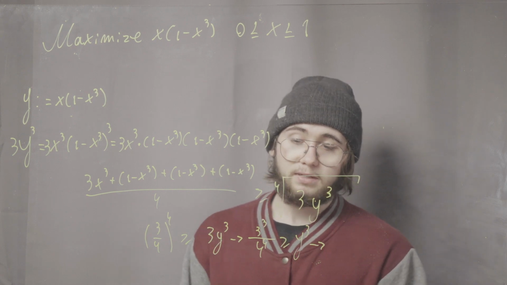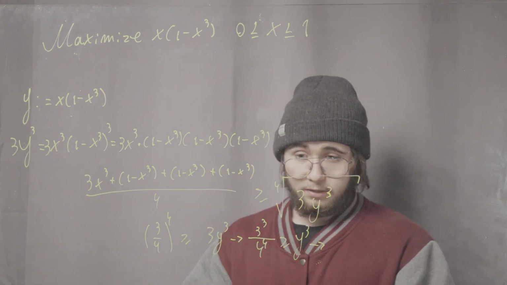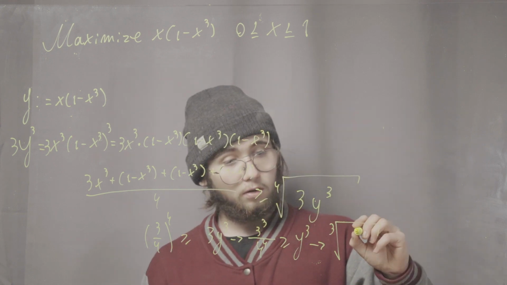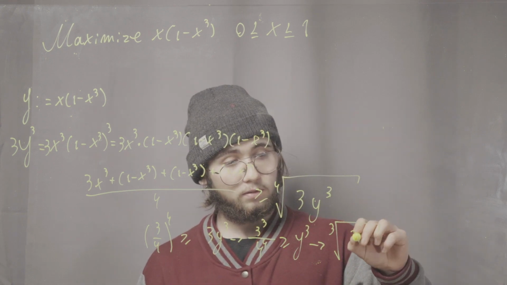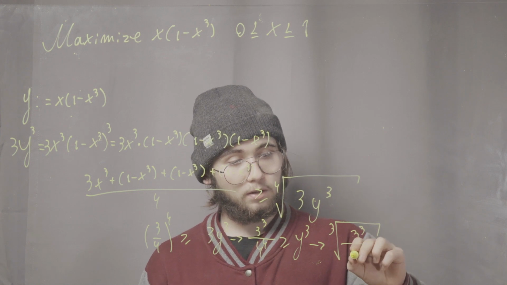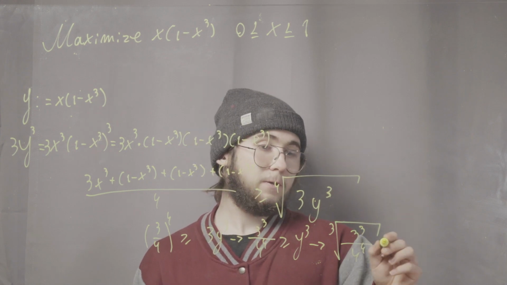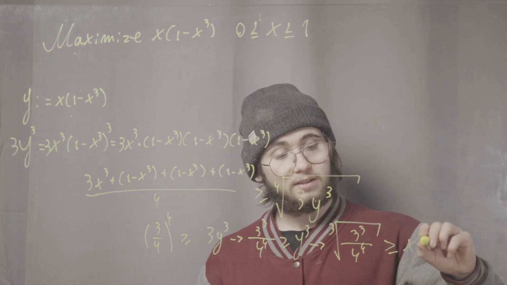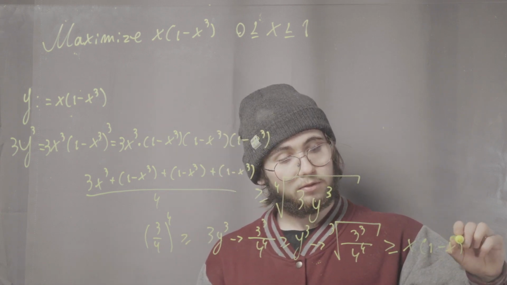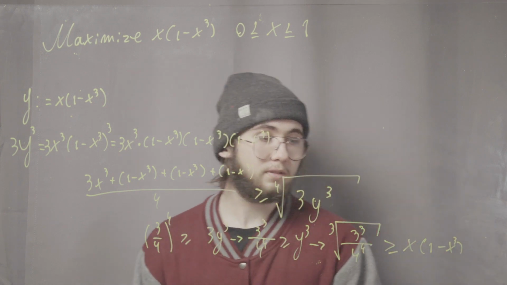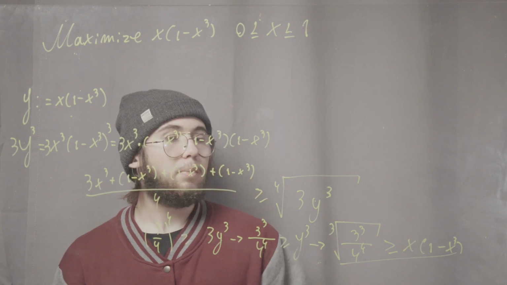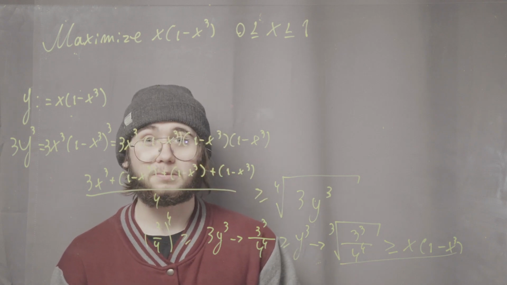And so, taking the cube root on both sides, we'll get that the cube root of 3 to the power of 3 over 4 to the power of 4 is going to be greater than or equal to x times 1 minus x cubed. And this, ladies and gentlemen, is the upper bound for our expression.